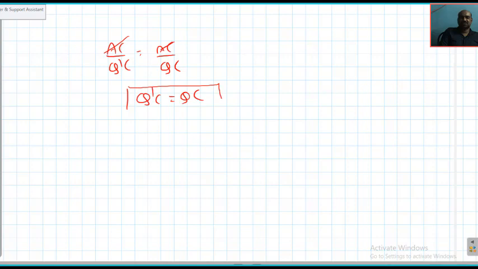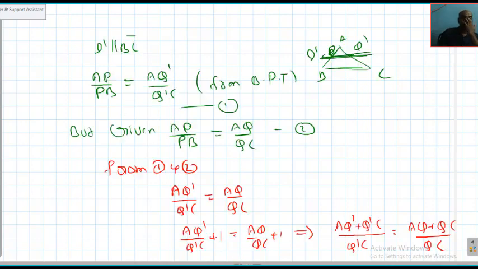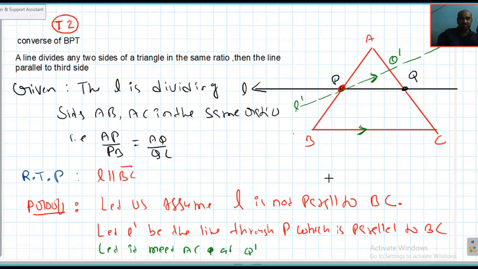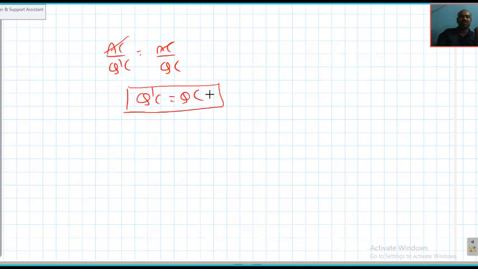Observe, Q dash C equals QC. Wrong, no? Because QC is part of Q dash C. How can Q dash C equal QC? So we got a statement that is mathematically wrong, which is not true.